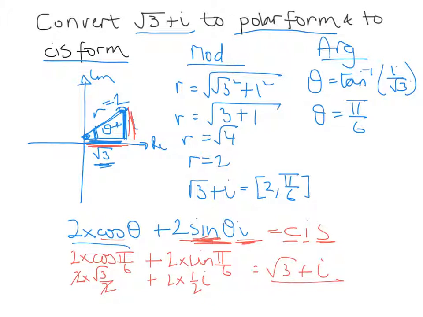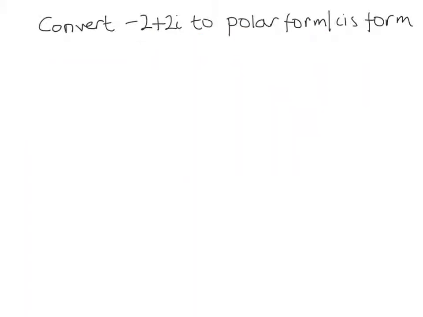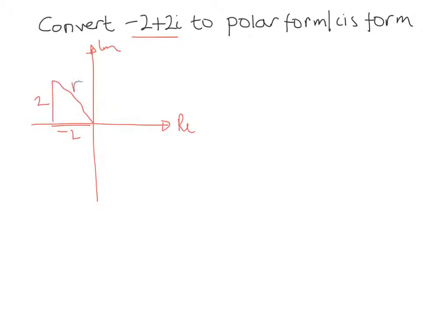Alrighty, let's try another one. What we're trying to do with this one is to convert minus 2 plus 2i to polar or cis form. Here's the real axis and the imaginary axis. We're going minus 2 across in this direction and 2 up in this direction, so we'd have to find the modulus and the argument.